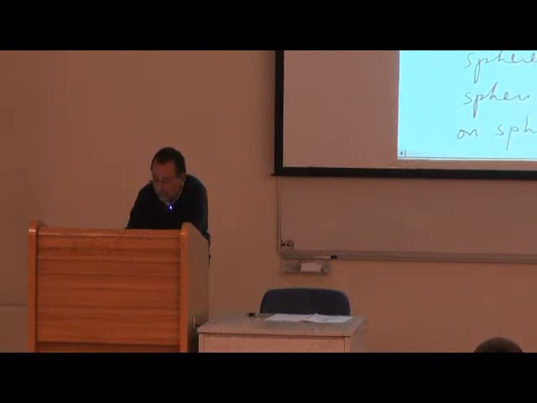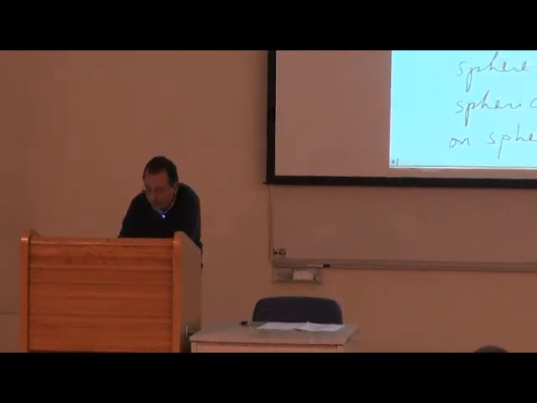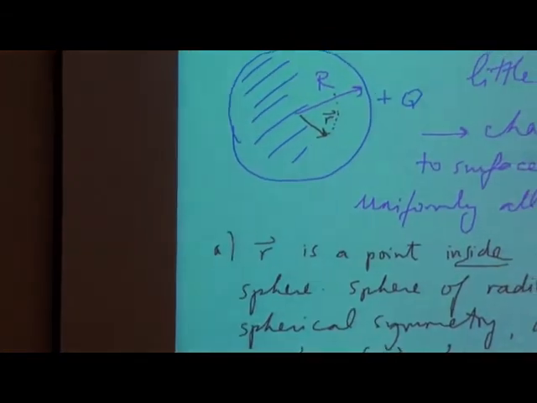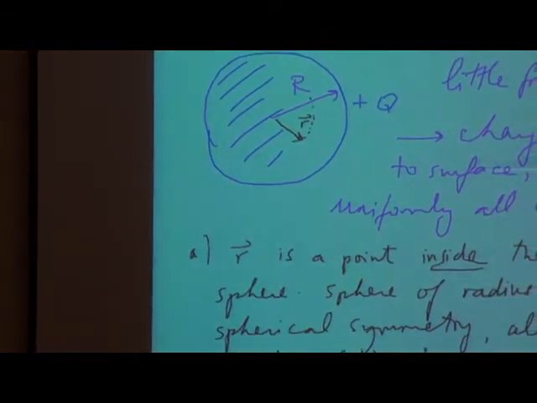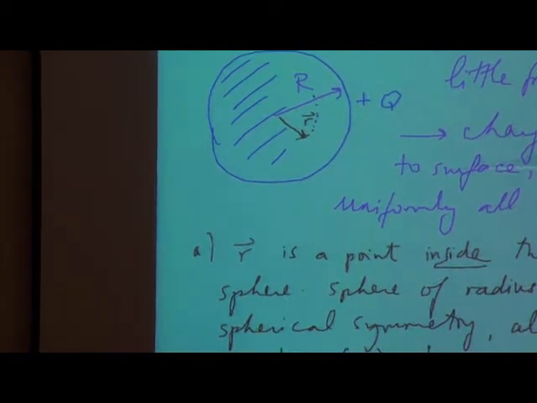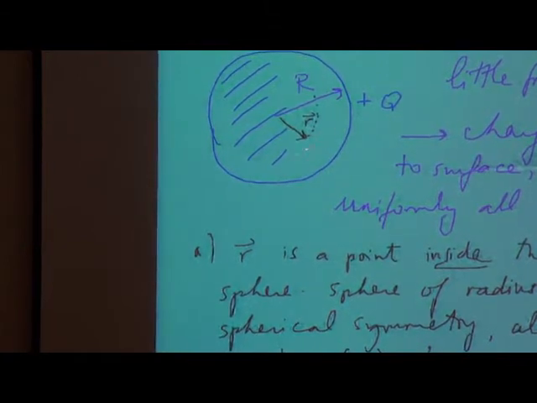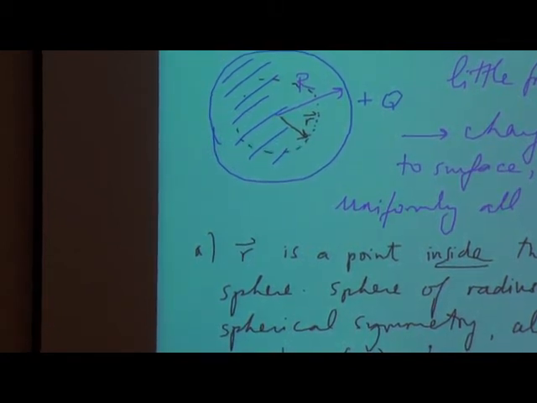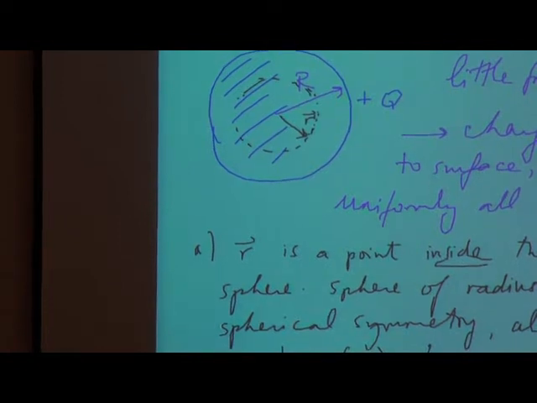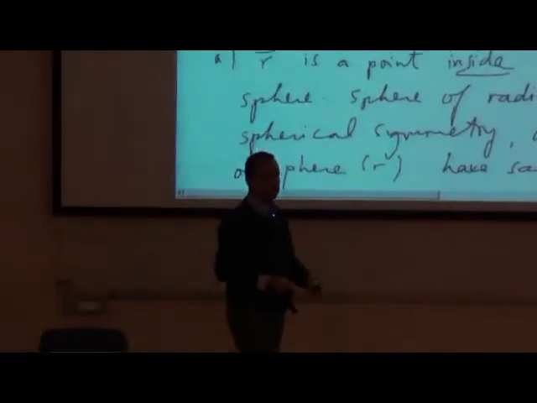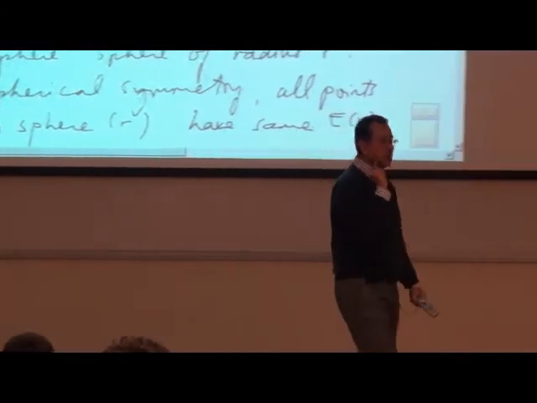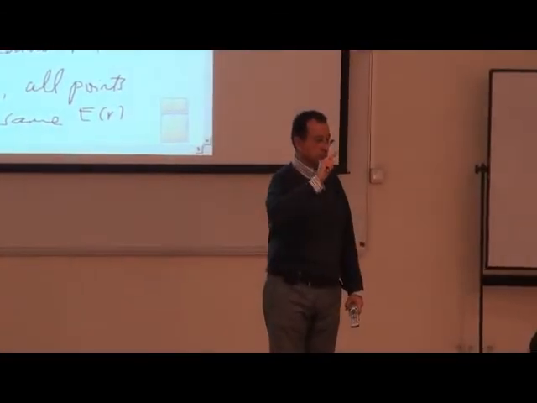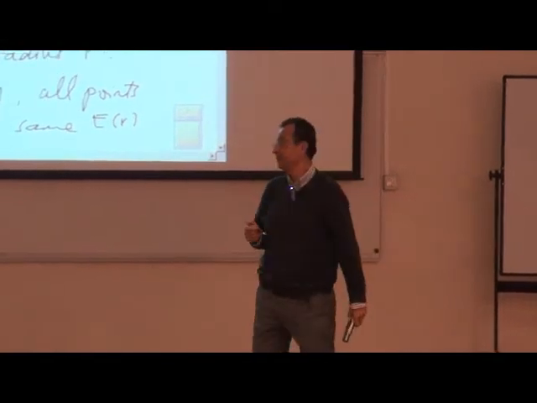So I figured out if I want to find the electric field at this point here, at this point, I choose a spherical surface, which is this surface. Why do I choose this? Because in a problem with spherical symmetry, all these points will have the same electric field. Furthermore, the direction of the electric field is going to be along the radius.